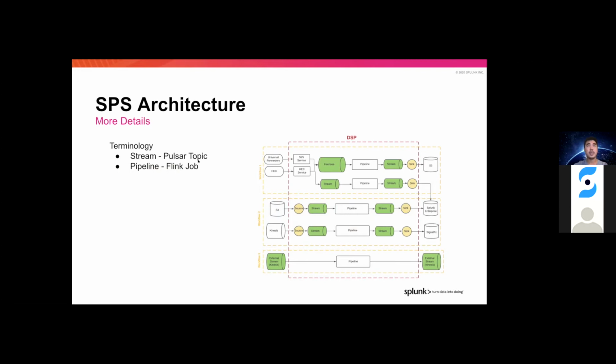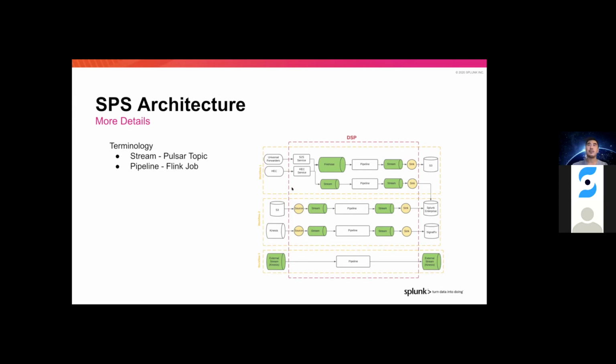A stream is essentially a Pulsar topic, but we have some metadata on top of the Pulsar topic, such as quotas, rate limiting, and so on and so forth. So the abstraction we use here is called a stream, but like I said, essentially it's just powered by a Pulsar topic. And we have the terminology called a pipeline, which essentially is just a Flink job.